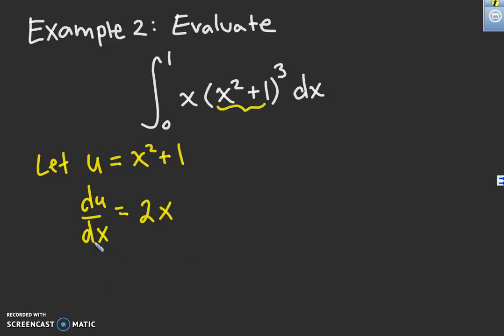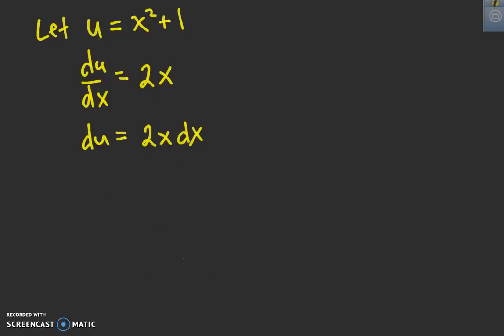I'm going to go ahead and do this one the old-fashioned way, the way I showed you guys. So du is equal to 2x dx, and dx is equal to 1 over 2x du.